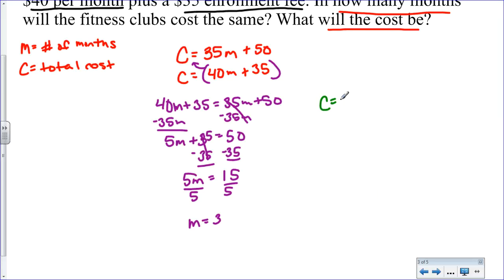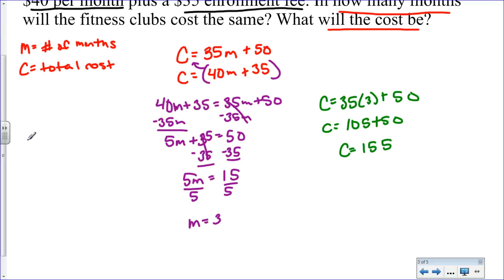So my total cost after 3 months is going to be 35 times 3 plus 50. So 35 times 3 is 105. And 105 plus 50 gives me 155. So we found that the cost is the same after 3 months, and it will be $155.